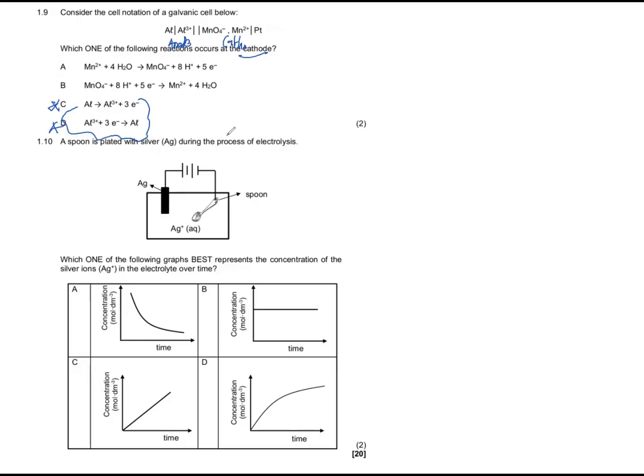Occurs at the cathode. Now, if you look at your 4B table or your 4A table, then you know that this reaction, in actual fact, goes like this. Remember, at the cathode, we have what? Reduction, which is a what? A gain of electrons, right?